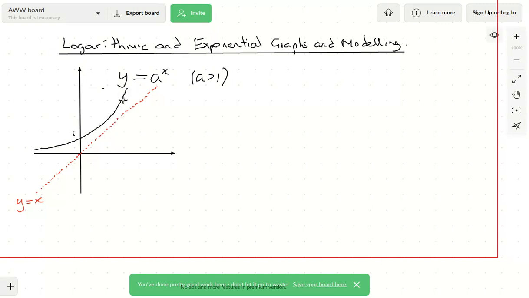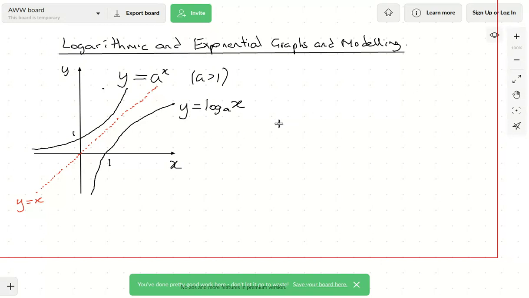And now I can anticipate what y equals log base a of x is going to look like. It will be exactly the same, but going like that, and it'll be going through 1 on the x-axis. So this is the curve y equals log base a of x. They're opposites, they really are.